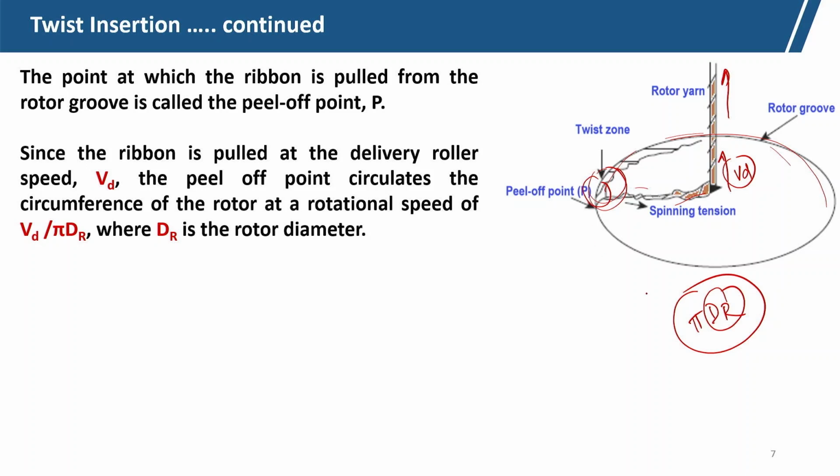So, we can calculate the RPM, the rotational speed of the peel off point, as Vd by πdr. So, Vd by πdr is the rotational speed of the peel off point.